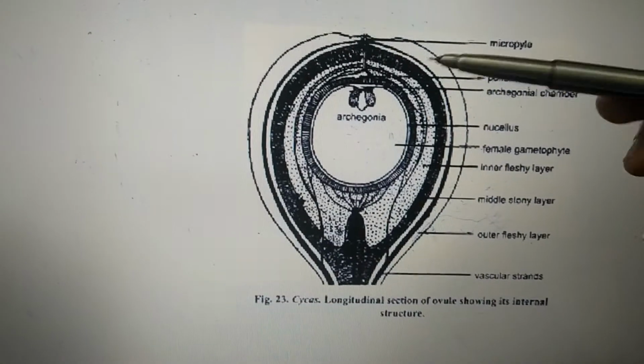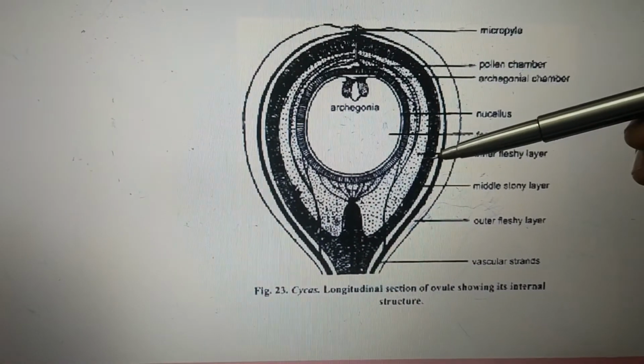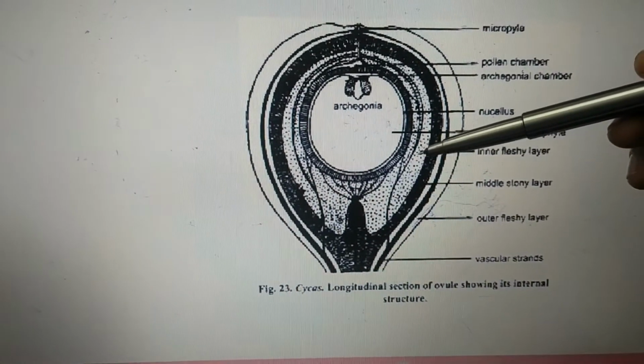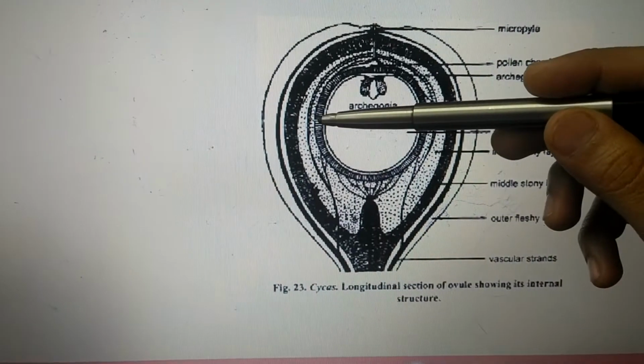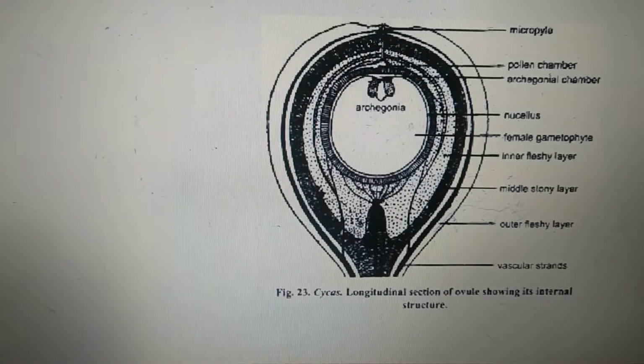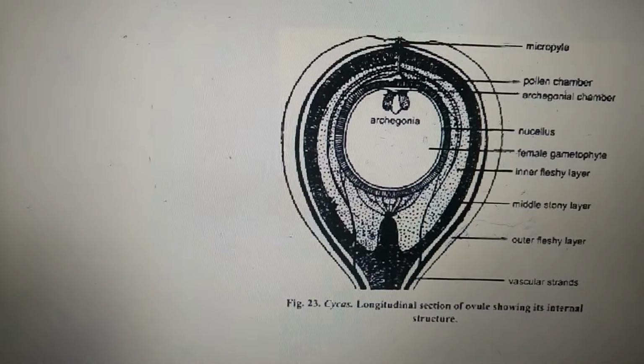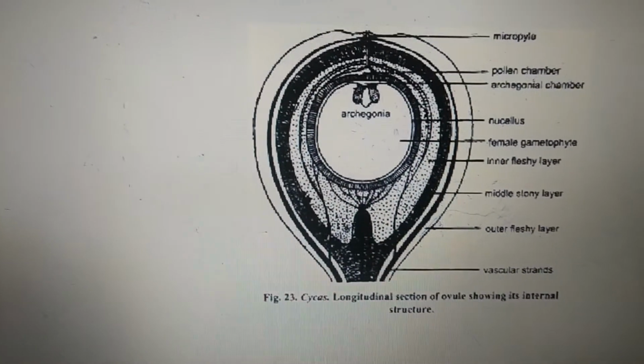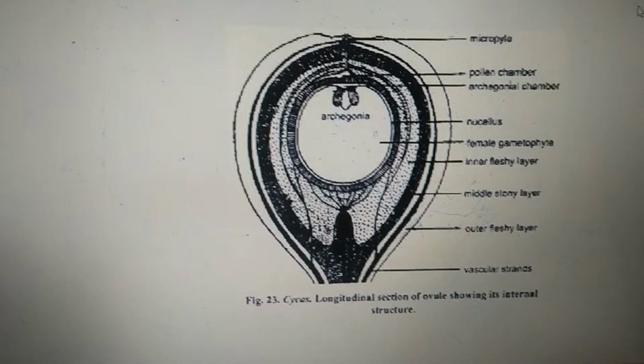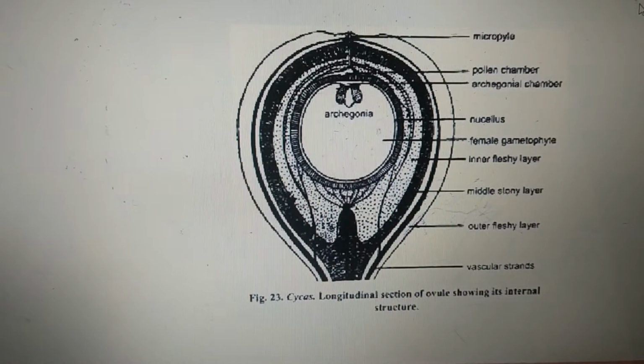Whatever is inside the integument is parenchymatous tissue. This parenchymatous tissue inside the integument is called the nucellus, not nucleus, nucellus.